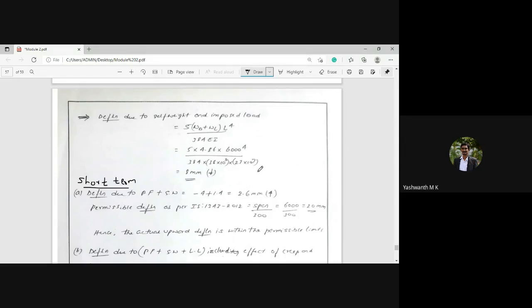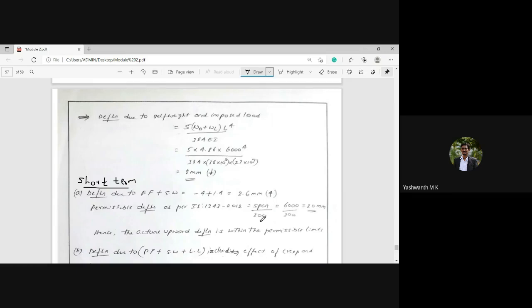Now whatever the 2.6 millimeter we have calculated, that is the short-term deflection we have calculated for the rectangular member. Whether it lies within the permissible limit or not: the permissible deflection as per IS 1343 2012 is span by 300, that means without considering the effect of creep and shrinkage.